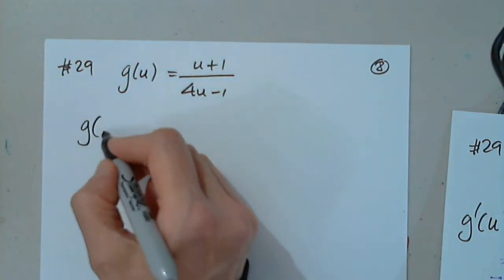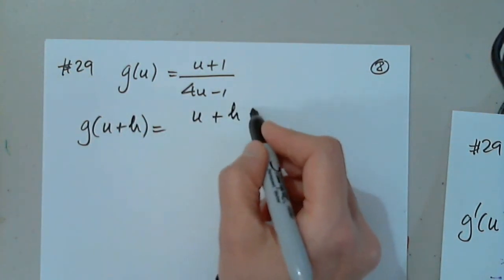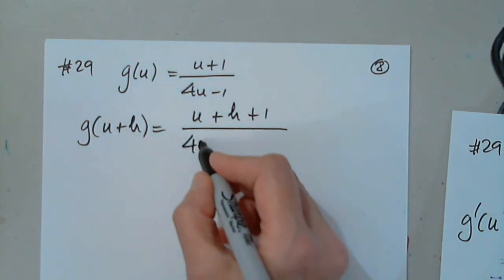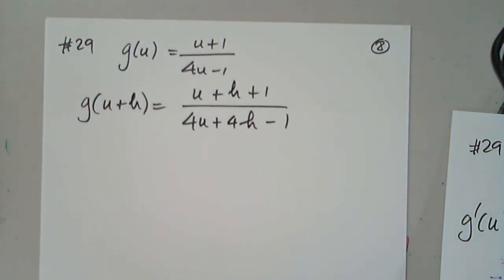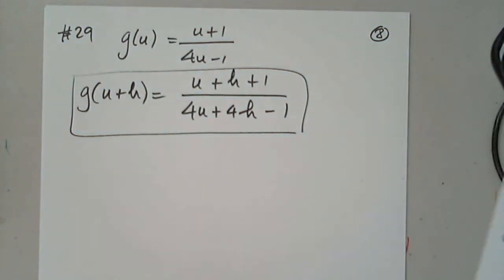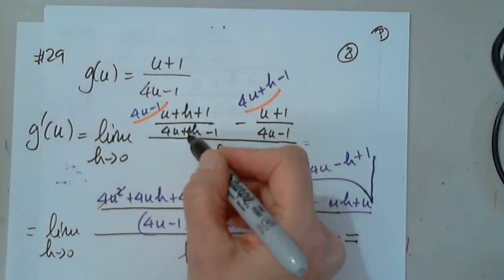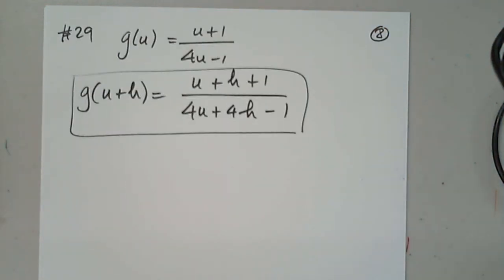So I have to write g of u plus h, so u plus h plus 1 over 4u plus 4h minus 1. I have to write this first so there is no ambiguity, because here I forgot the 4. So the whole thing makes no sense, so I have to put it in the recycling bin.